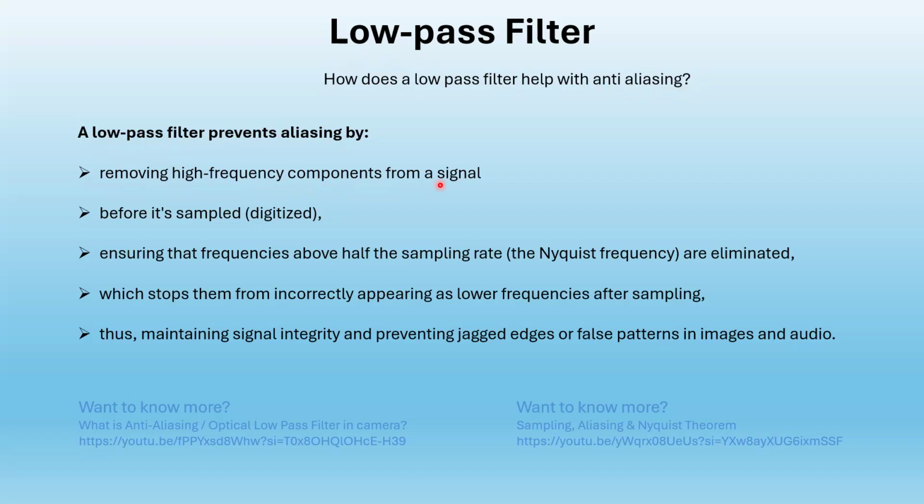Well, that's what a low-pass filter does, right? Before the signal is sampled or digitized, that ensures the frequencies above half the sampling rate, which is the Nyquist frequency, are eliminated. So there's basically less confusion of what things should be.